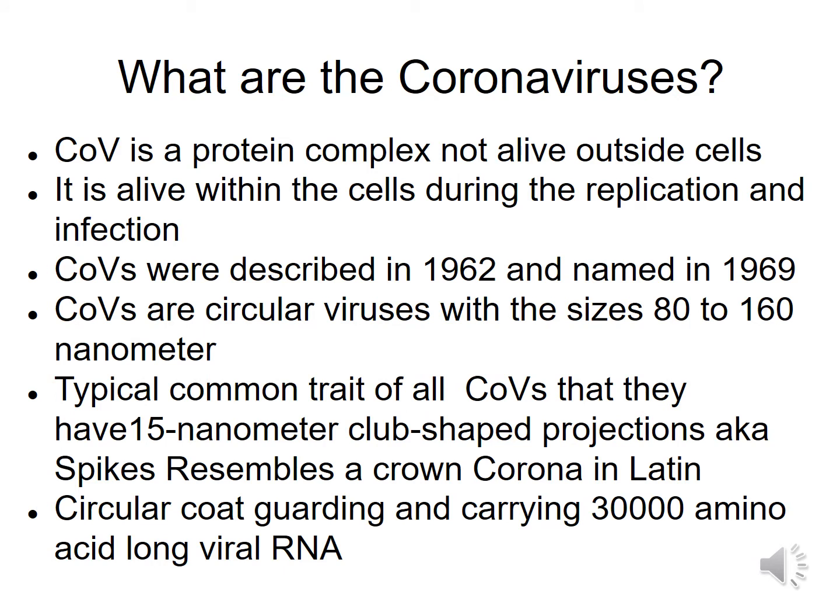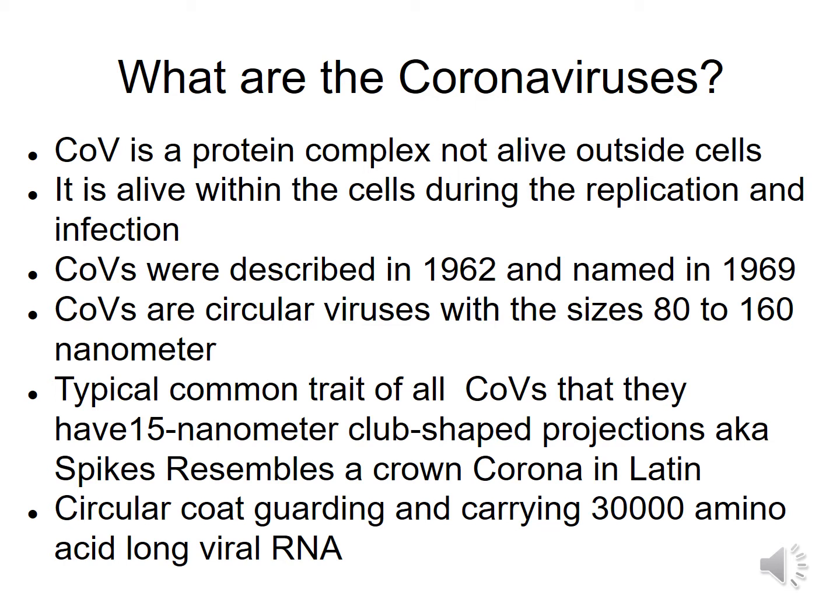What are coronaviruses? A coronavirus is a protein complex, not alive outside the cells. It is alive within the cells during replication and infection. Coronaviruses were first described in 1962 and named in 1969.